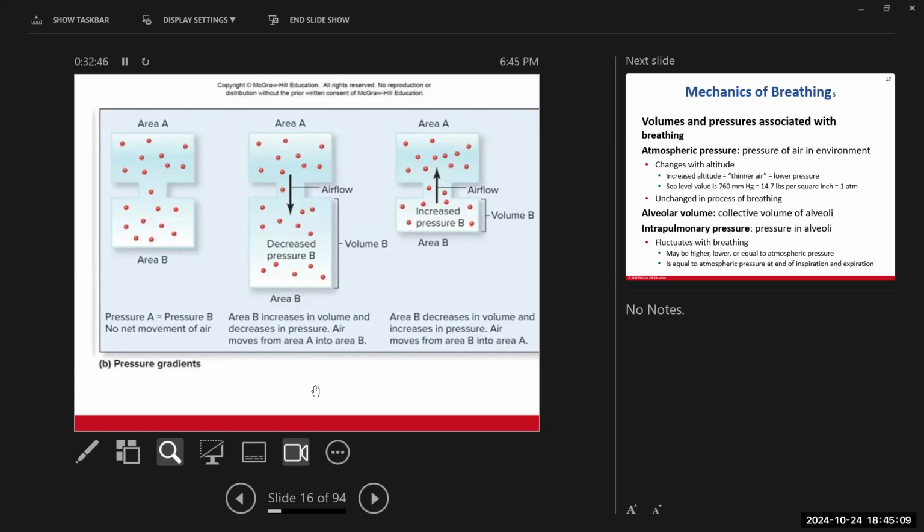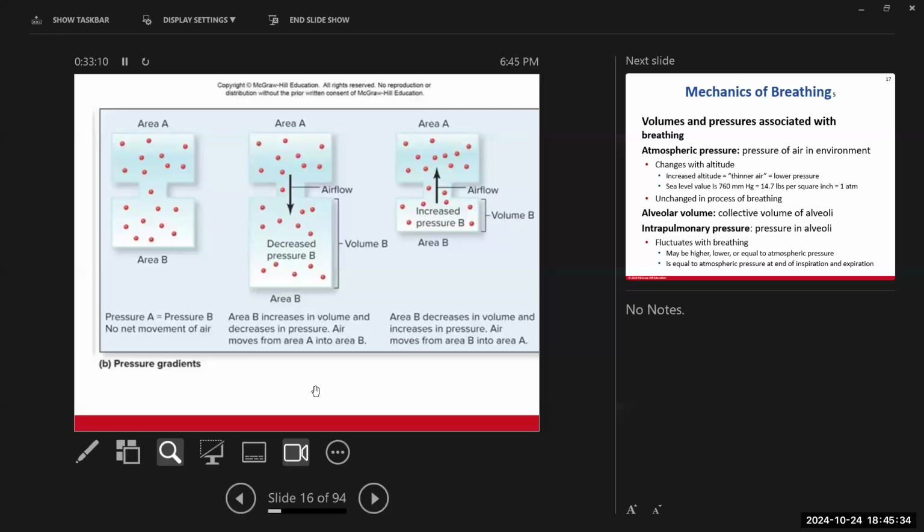Inverse relationship, y'all. It's low pressure, right? High volume, low pressure. This one has a smaller volume, so it'll have a higher pressure. So the air pressure in area A is higher than the air pressure in area B. And so air is going to move from the high pressure area to the low pressure area.